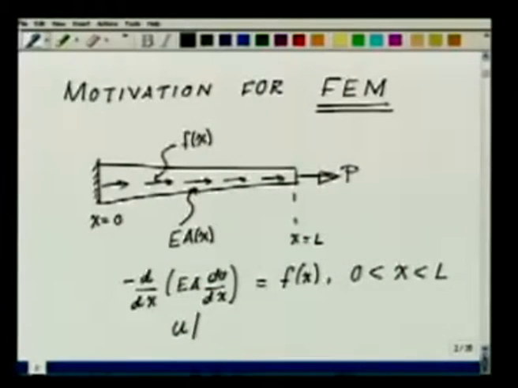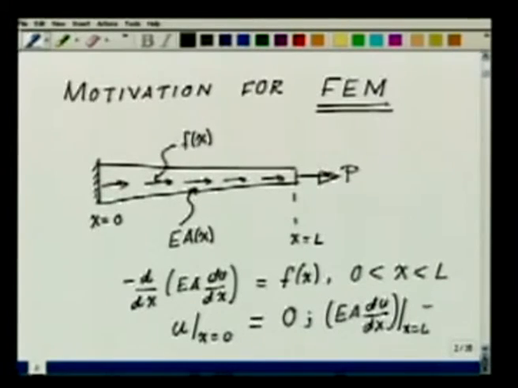So we will have at the end x equal to 0, u equal to 0. Remember that we are only taking this as a specific example. This does not apply to all problems. We could take different boundary conditions at the two ends. And similarly, EA du/dx at x equal to L is equal to P. So these are the boundary conditions for the model problem that we have taken here.